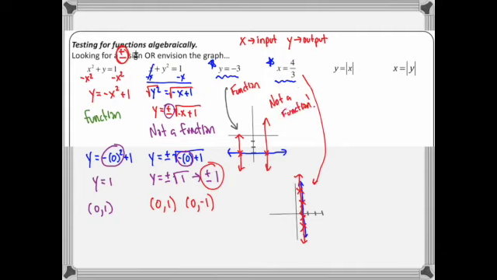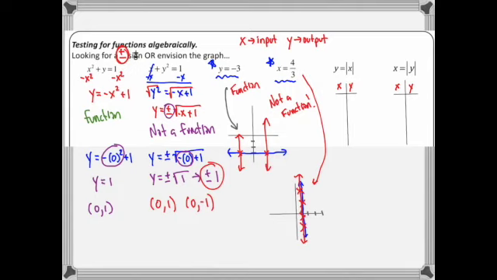Okay, so sometimes we just have to visualize the graph. And then the last one, sometimes we have to think a little bit outside the box. So let's see how we're going to tackle this. For these, sometimes I just try to draw out a scenario that will show whether it's a function or not, maybe by plugging in some points.